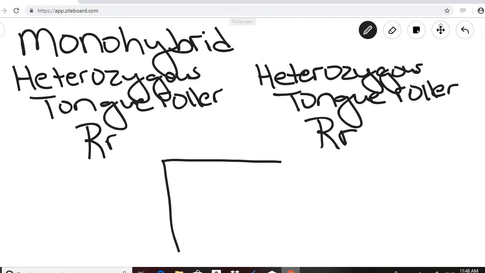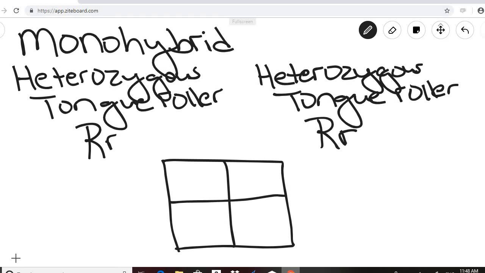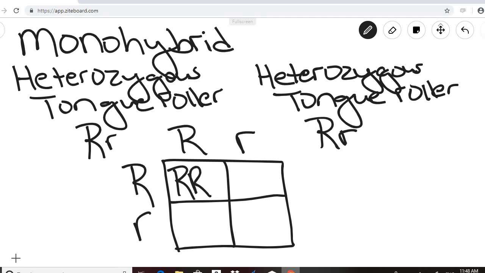So we can draw our Punnett square, and we will put one parent across the top and the other parent across the bottom, it doesn't matter which, and then we just match up the letters. So this one would be that, this and this, this and this, and then lastly this.